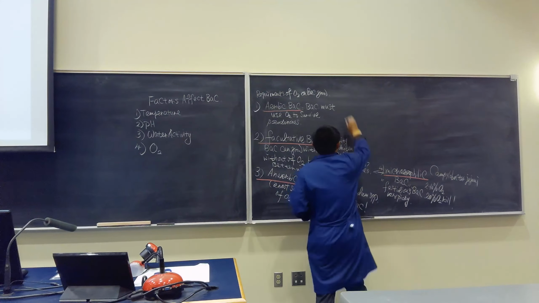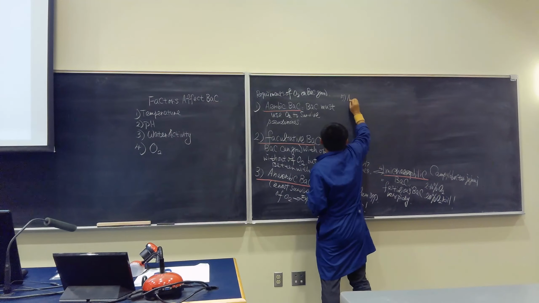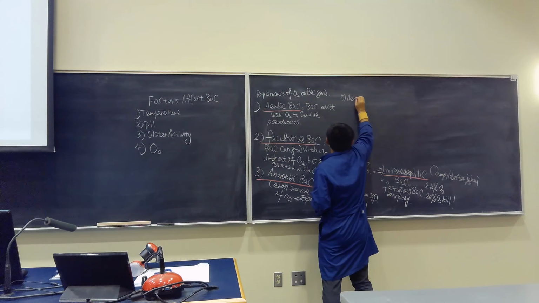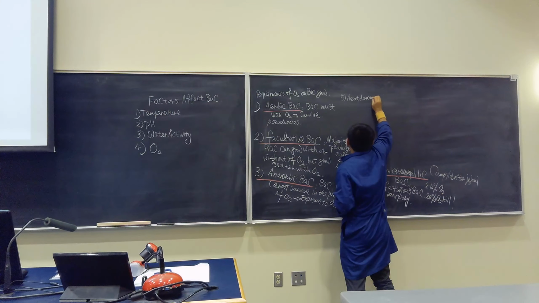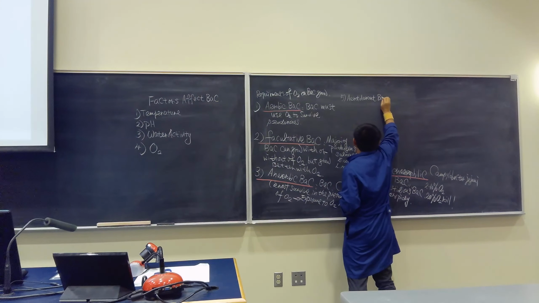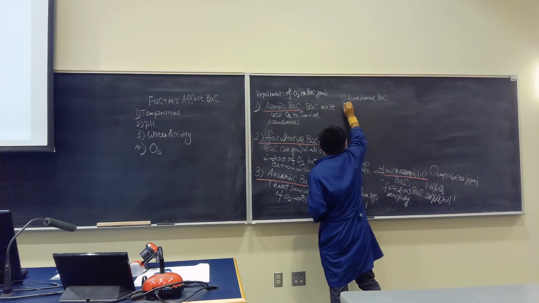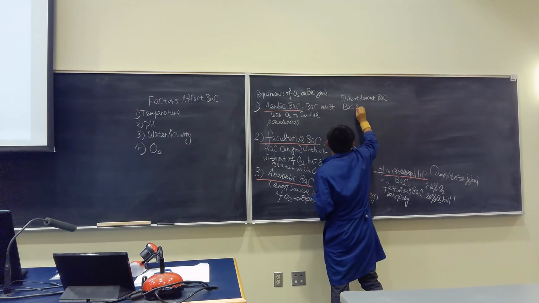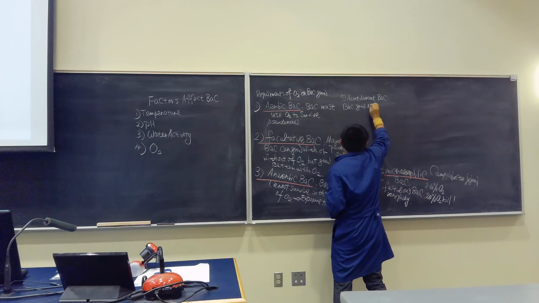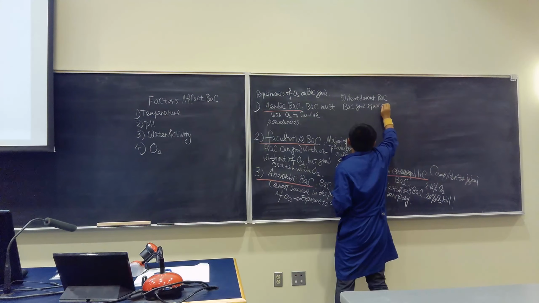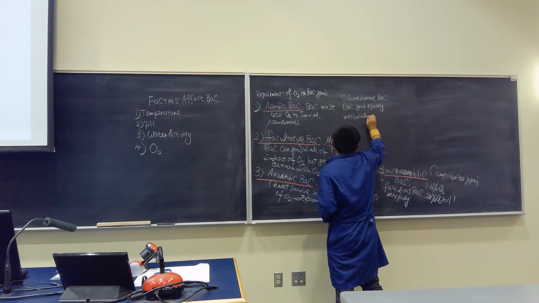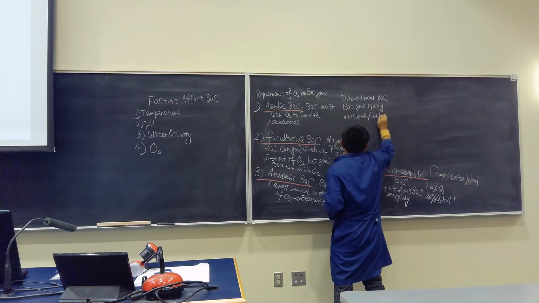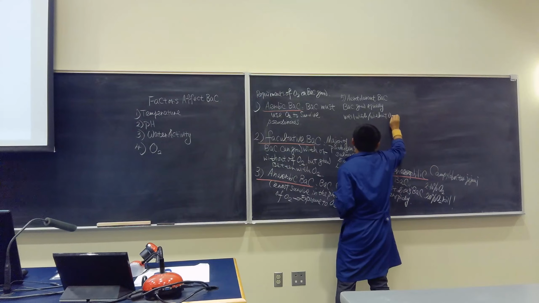How about the last one? That's called aerotolerant bacteria. This means the bacteria grow equally well with or without oxygen.